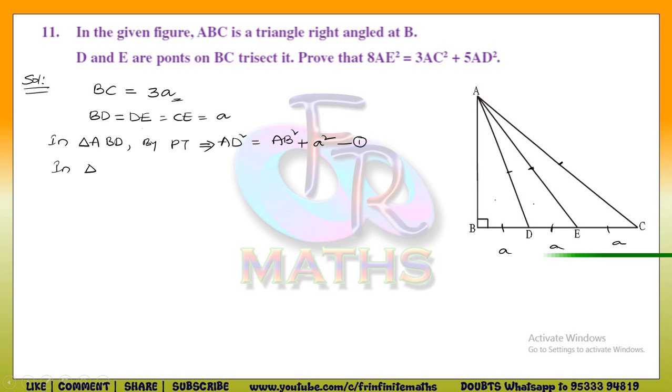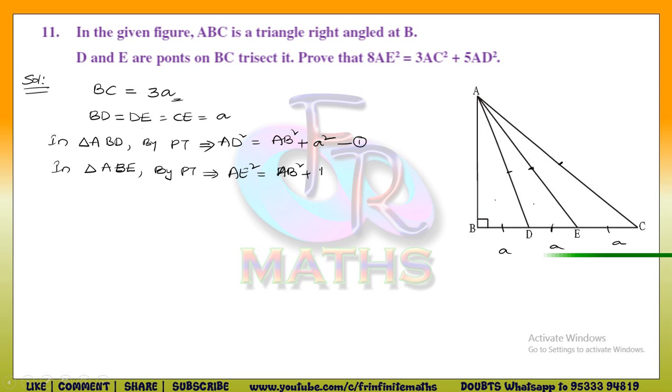Next, in triangle ABE, again by Pythagoras theorem, AE square is equal to AB square plus, what about BE square?